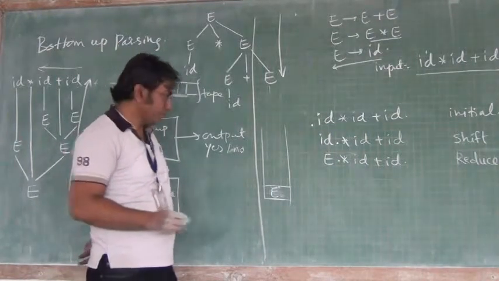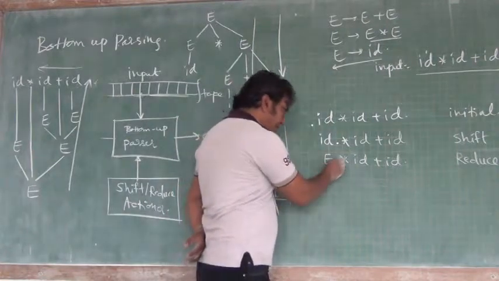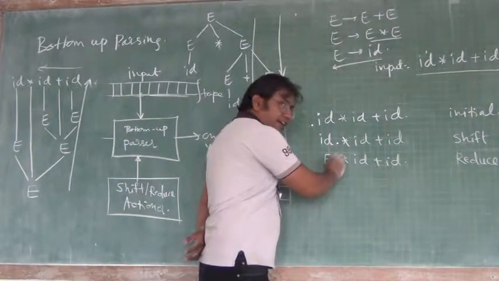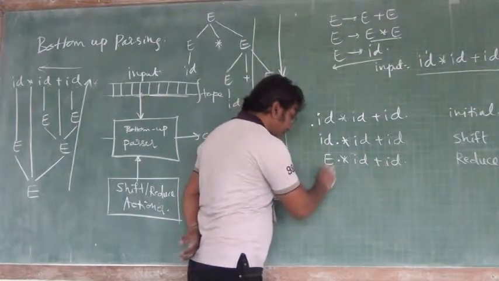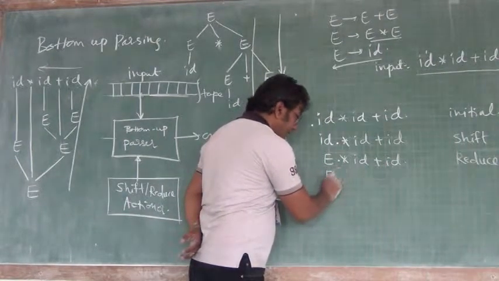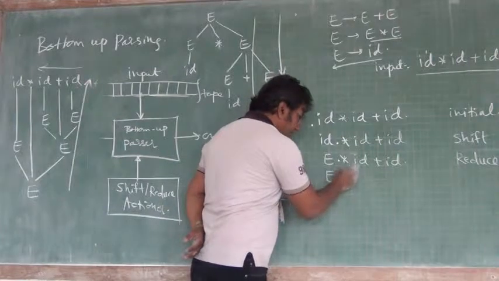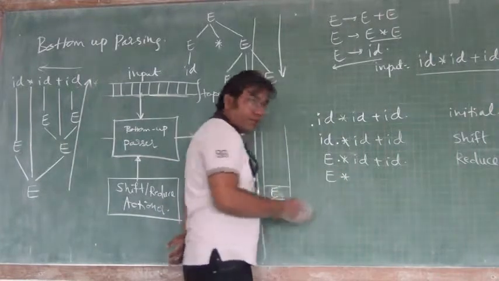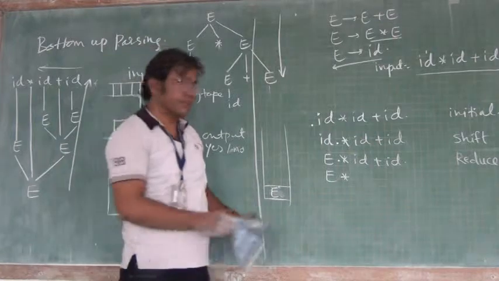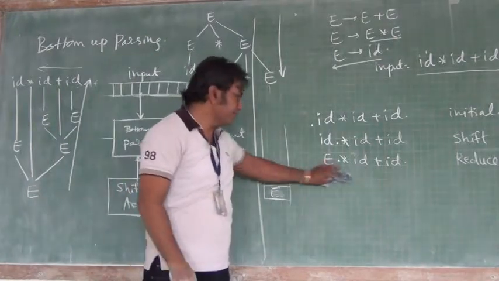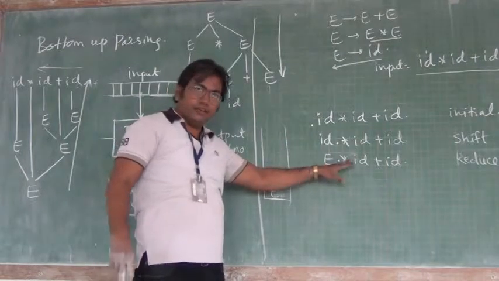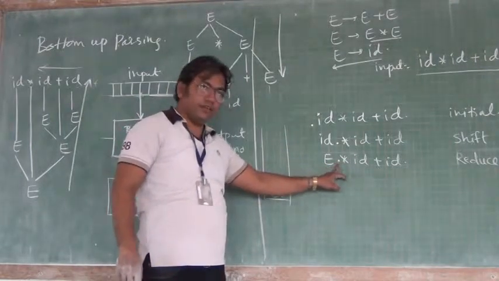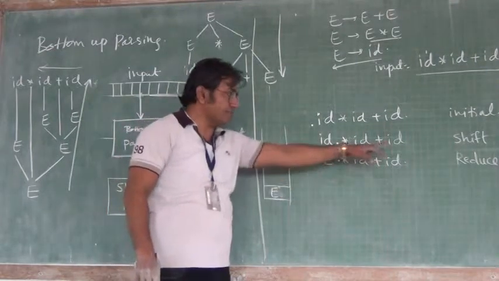Now my head is here. I shift my head towards the right by one symbol. Why do I shift here? Because at this moment I am not able to do anything. I just did the action reduce.